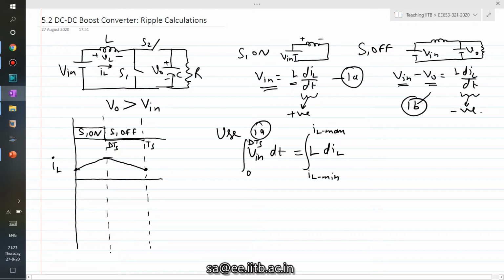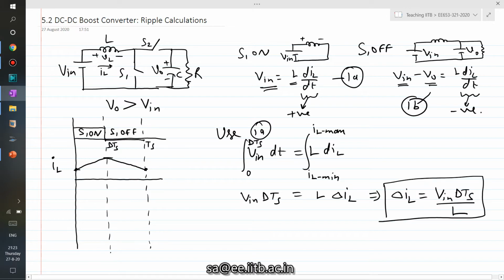If we integrate it, we get V in into dTs is equal to L times IL max minus IL min, which is nothing but delta IL. This gives us the expression for delta IL, or the ripple in the inductor current, as V in dTs by L.